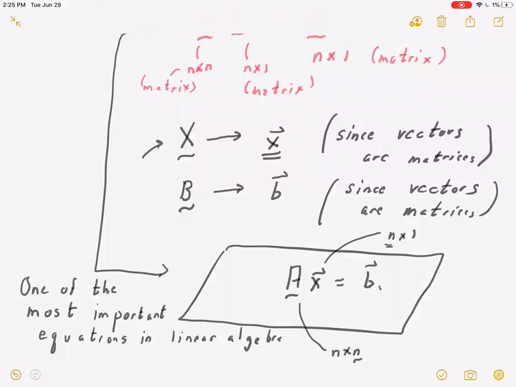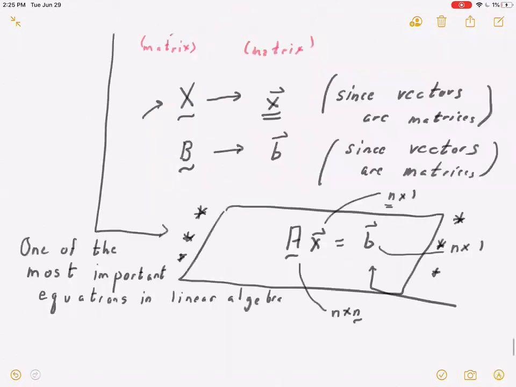And my result, the vector b, is really a matrix that has n rows and 1 column. And it's important to realize that buried in this is a very compact way of taking all those systems of linear equations that you want to solve simultaneously and boiling them down to a simple matrix equation.